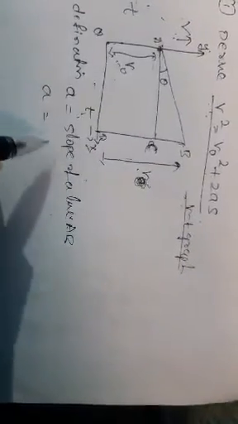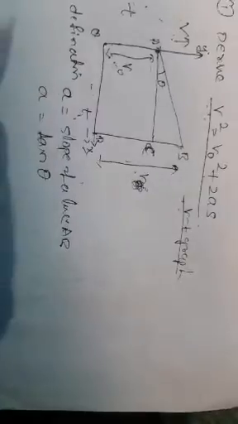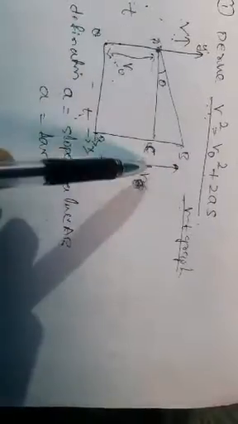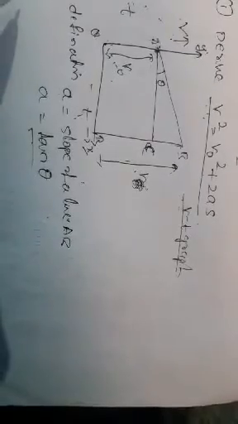A is equal to the slope of the line AB, that is tan theta, where theta is the angle between line AB and line AC. The tangent is a trigonometric ratio, tan theta. What is the definition of tan theta? It is opposite by adjacent side.